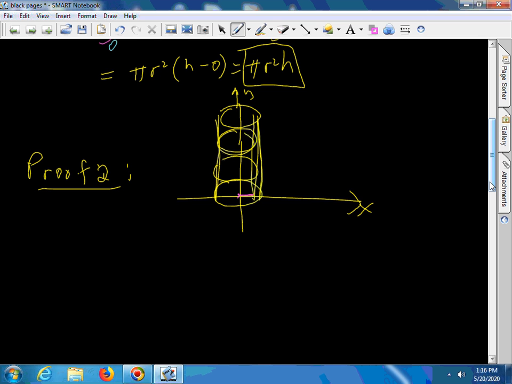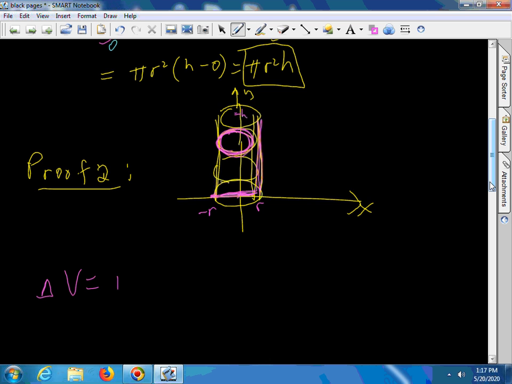The radius is going to be r. That is, this distance will always be from negative r to r. And this vertical distance, that's going to be the height of the cylinder. It starts at a height of 0 and it goes up to a height of h. So the volume, let's look at the delta V. What is the volume of one of these?